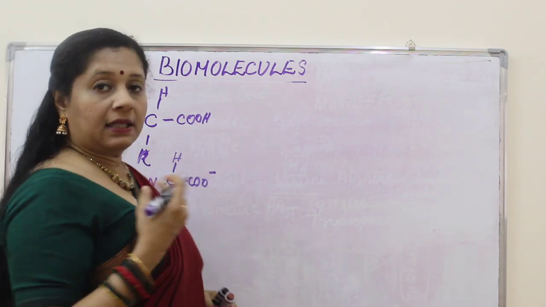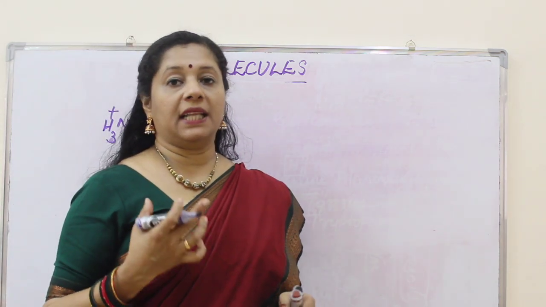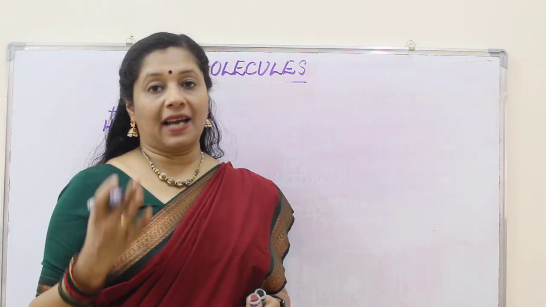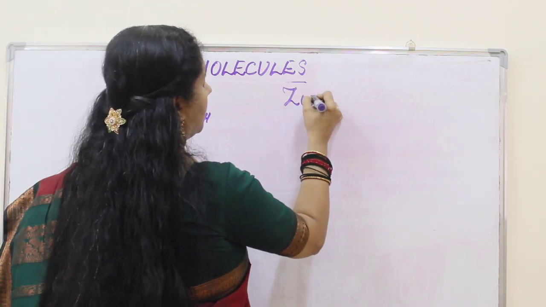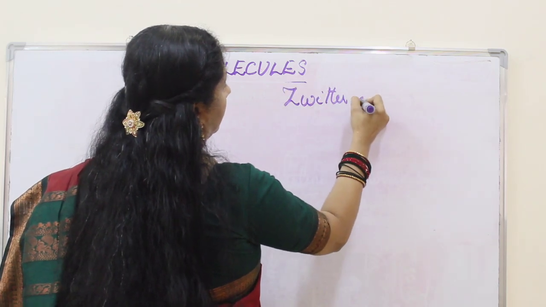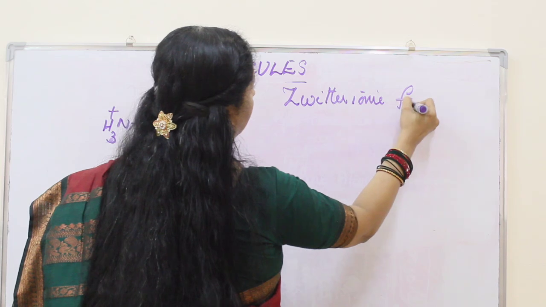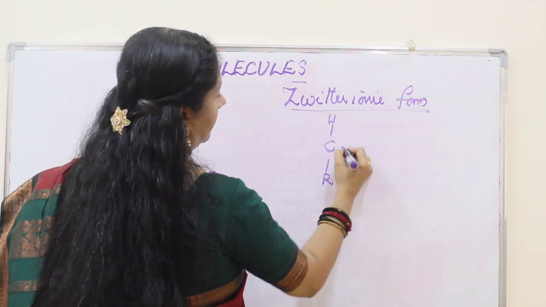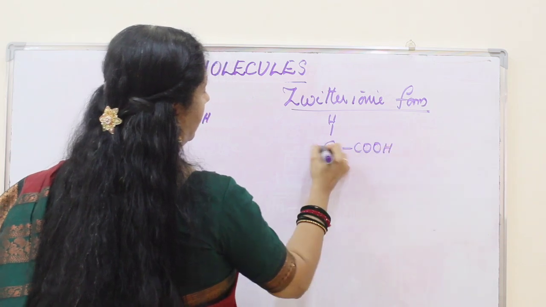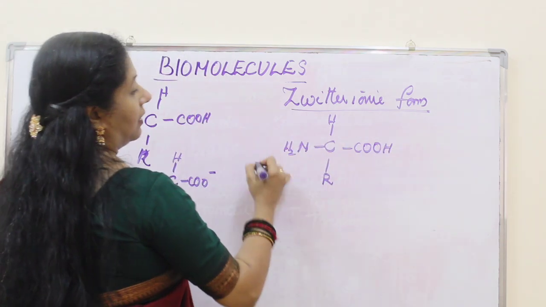Whereas these amino acids have a unique property that they can attain both positive and negative charges at the same time. This condition is called the zwitterionic form. That means, suppose this is COOH and NH2.